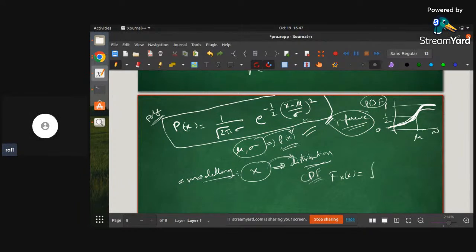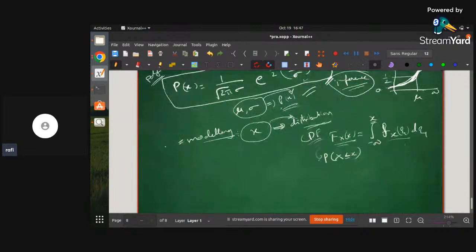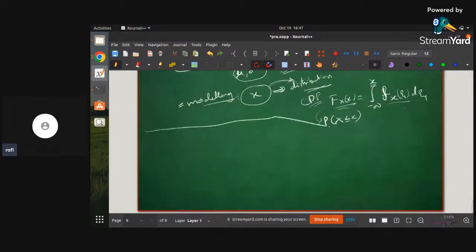CDF is the integral from minus infinity to x of f_X of zeta d zeta. So until x you integrate the density function, you will get the cumulative distribution, which is in general the probability of X less than or equal to x. F_X of x is the probability of X less than or equal to x. So this is about the Gaussian distribution.